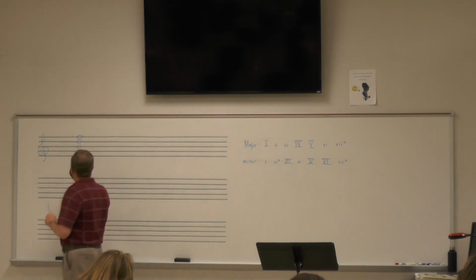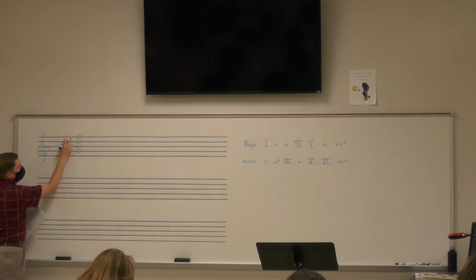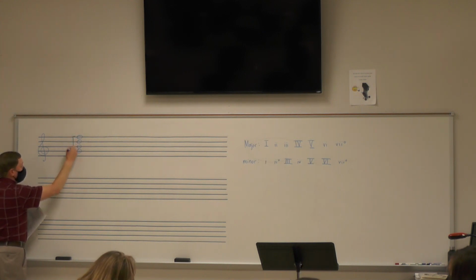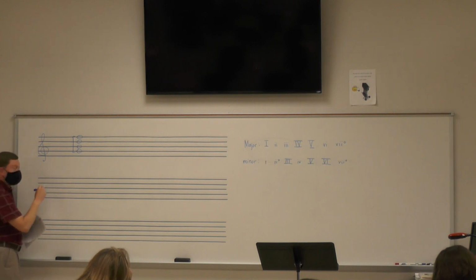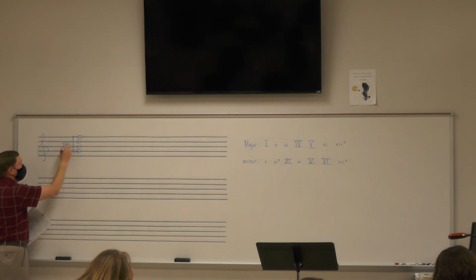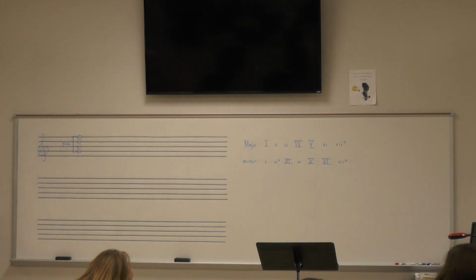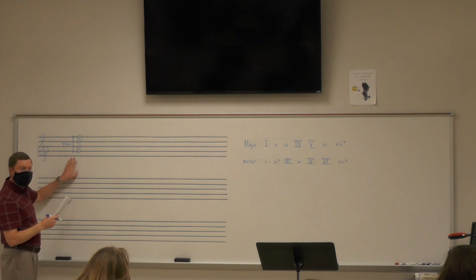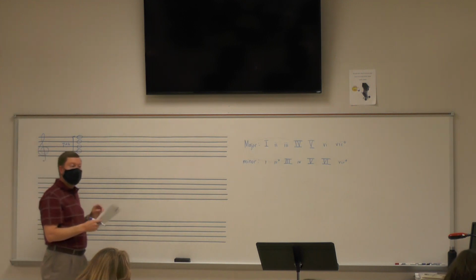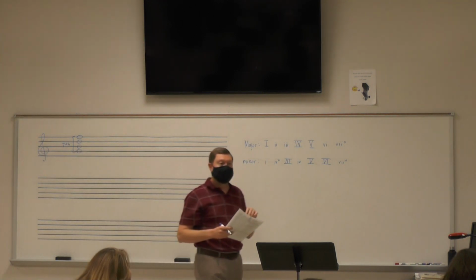And because the interval between the added note that I just put in there and the root of the chord is always the interval of a seventh, chords of this sort are technically and correctly referred to as seventh chords.